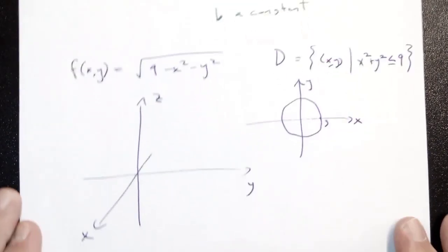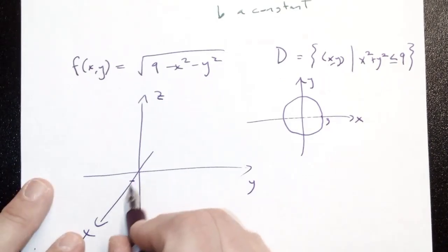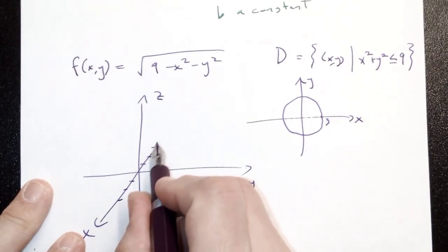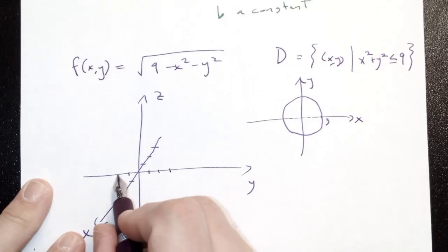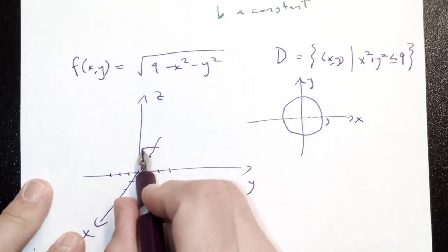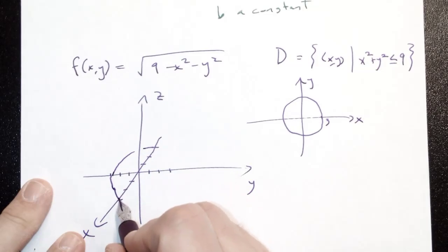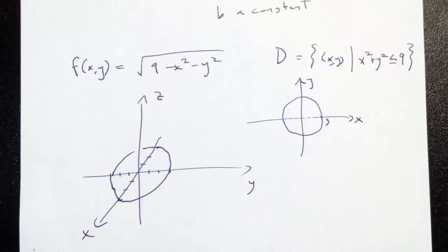In order for me to draw this correctly, I need to draw the circle of radius 3 in the XY plane. There's my circle in the XY plane.